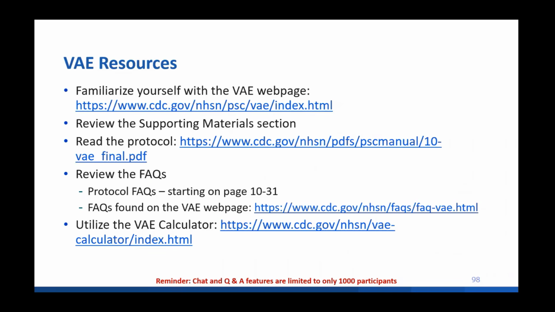I would like to also point out that while we do have some FAQs located at the end of the VAE protocol, we also have an FAQ webpage that goes into more detail of some VAE topics that we were not able to address in the protocol itself.